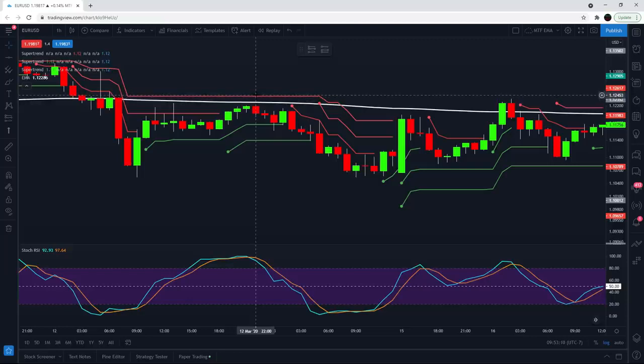What you can do is wait until there are 2 super trend lines above, and then make sure that the stochastic RSI still isn't below the 50 line, because you don't want to be entering the short if stochastic has already come way down to the bottom. So on this entry candle here, we still have the orange line of the stochastic RSI over the 50 line. So we can still enter a short on this one.